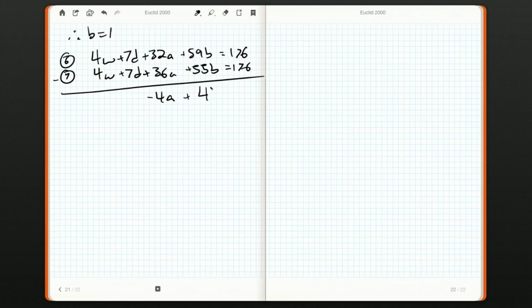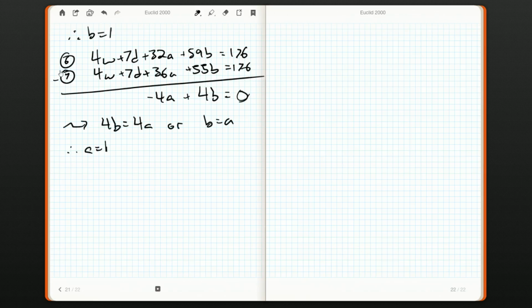Here we have 4b is equal to 0. And if we just bring the 4a over to the other side, we get 4b equals 4a. Or really, b equals a. And therefore, a is equal to 1. Okay.